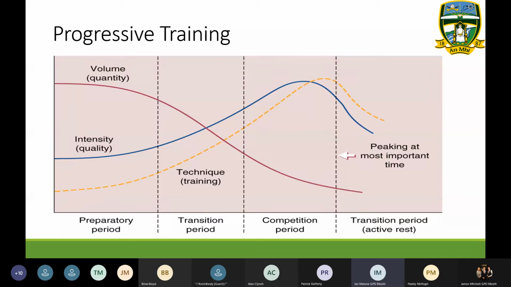We can see technique as well. Initially around pre-season, there's usually less emphasis on technique. You're more so trying to get the body ready physically for the coming season, and then technique generally goes up alongside intensity. By the time you're hitting your competition period and trying to hit your peak, the main focus is going to be on technique and intensity with a lower volume.